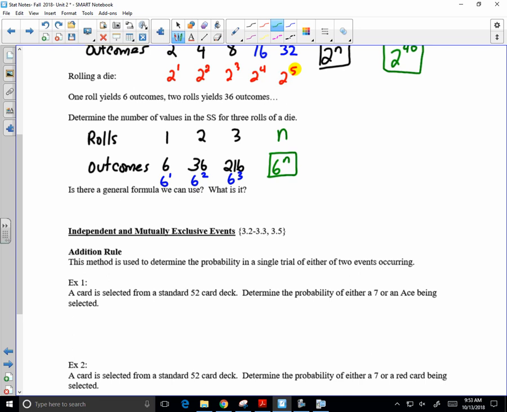So the general formula: the base is the number of outcomes in a single trial. And the power would then be the number of trials.